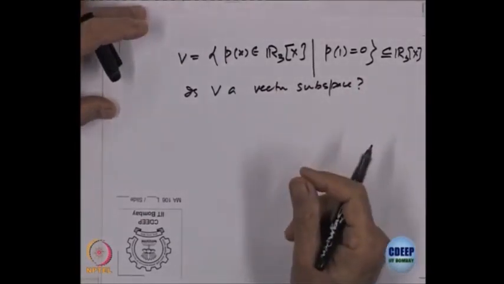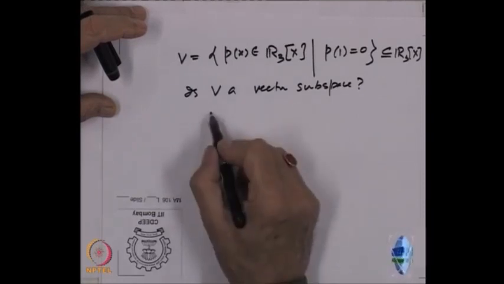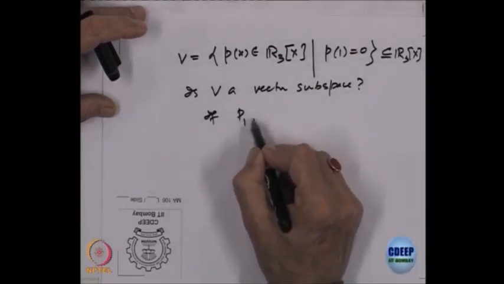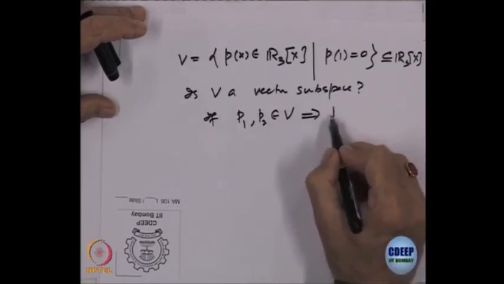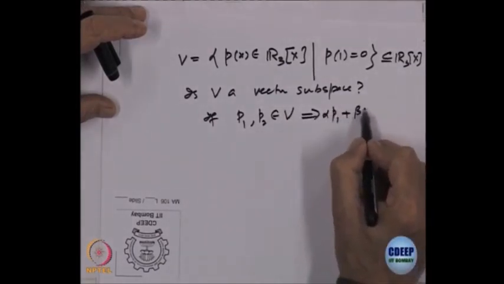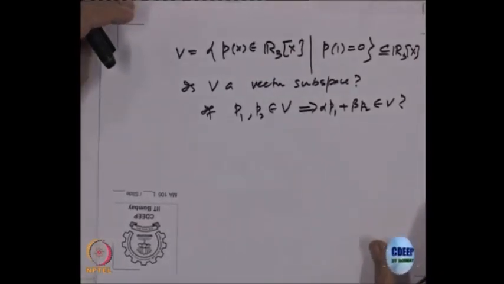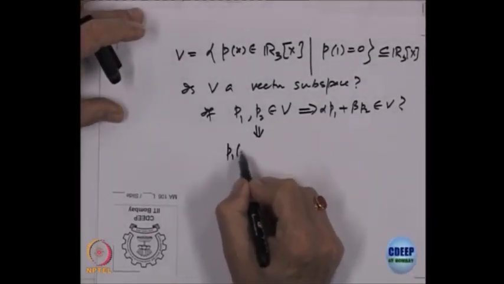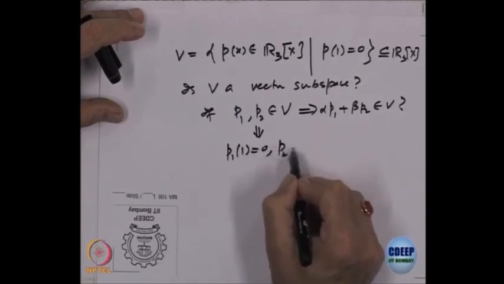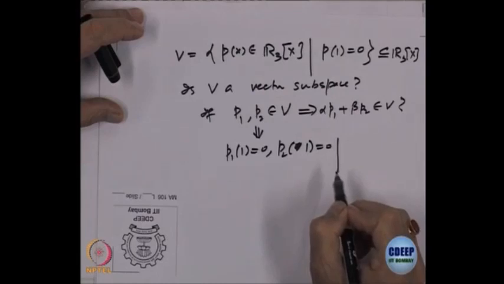First of all, we have to check whether it is a subspace or not. That means what? That means if p1 and p2 belong to V, does this imply alpha times p1 plus beta times p2 belongs to V, right? If that is the case, then okay. So, what does this mean? That means p1(1) is equal to 0, p2(1) is equal to 0, that is given to me.